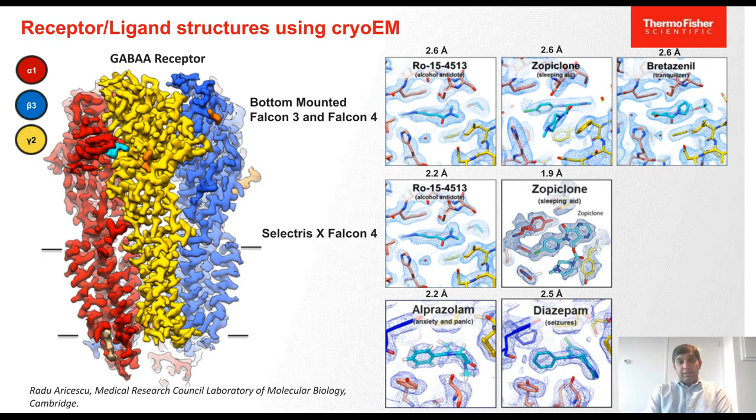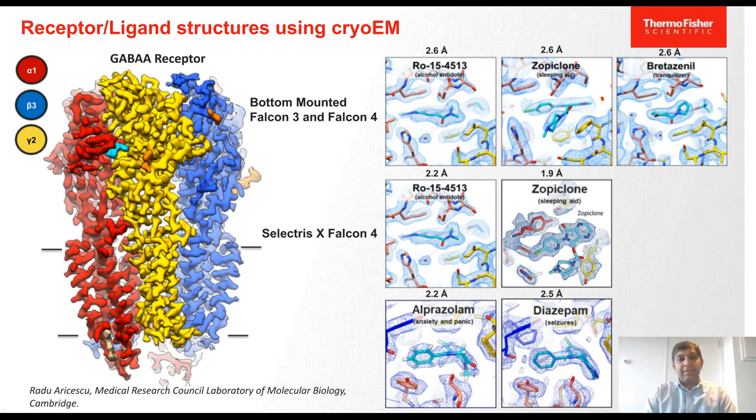We also looked at more drugs. Here I'm showing you 2 more examples. Alprazolam, which is a drug against anxiety as well as panic disorder, going to also 2.2 angstroms, and diazepam, the drug against seizure, going to 2.5 angstroms.